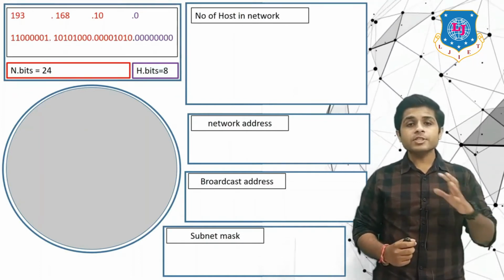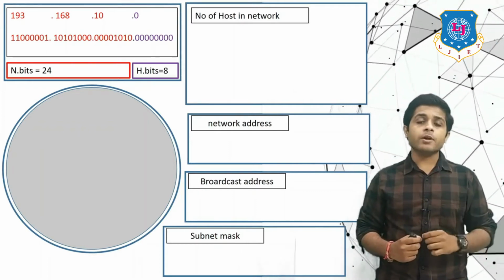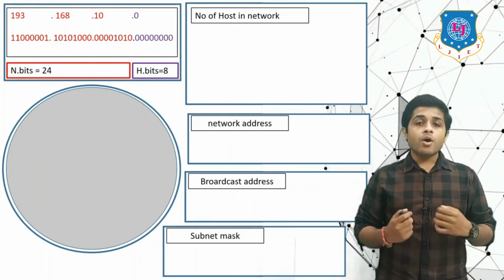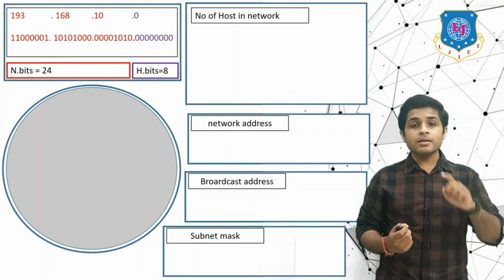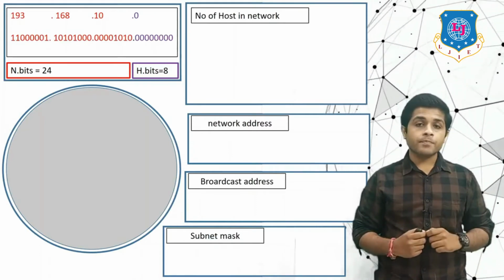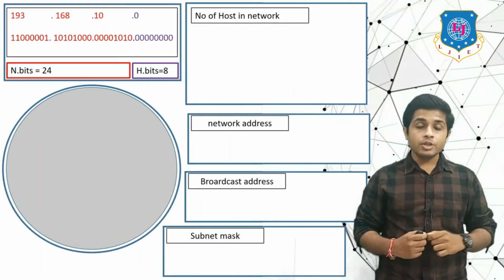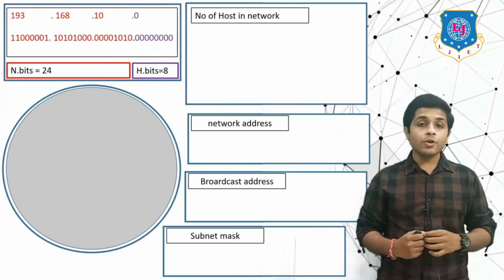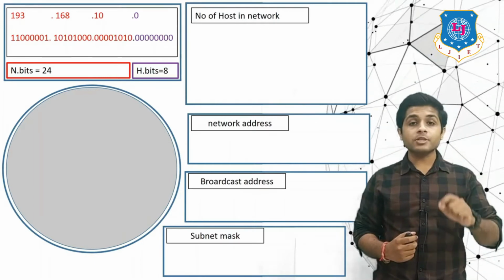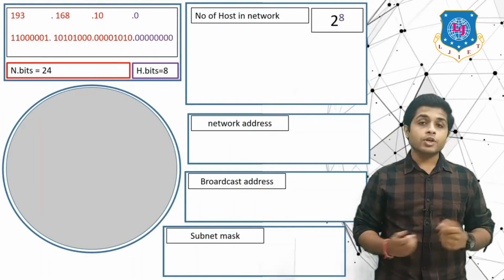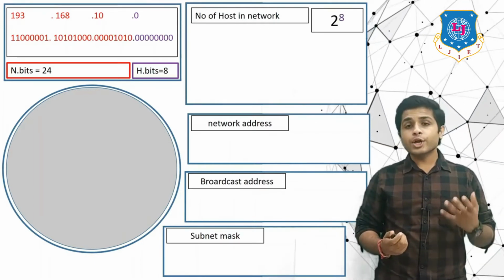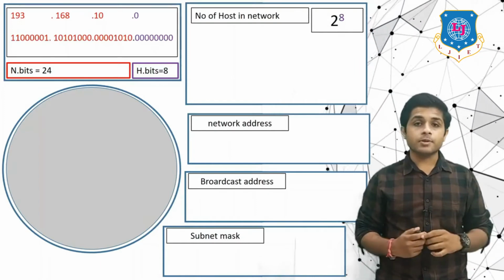The first thing I need to find in this network is how many hosts are possible in this given network. We know that the host bits are 8. From the host bits, you will know how many hosts are possible in this given network. So 2 raised to 8 means 256 hosts are possible.